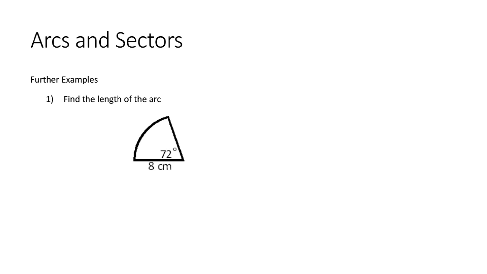So the first thing that I'm always going to do, same with the previous examples, is I'm going to make sure that I've wrote down a list of what I've got. So looking at the diagram, I know that my radius is 8 centimetres, which means that my diameter is going to be 16 centimetres.